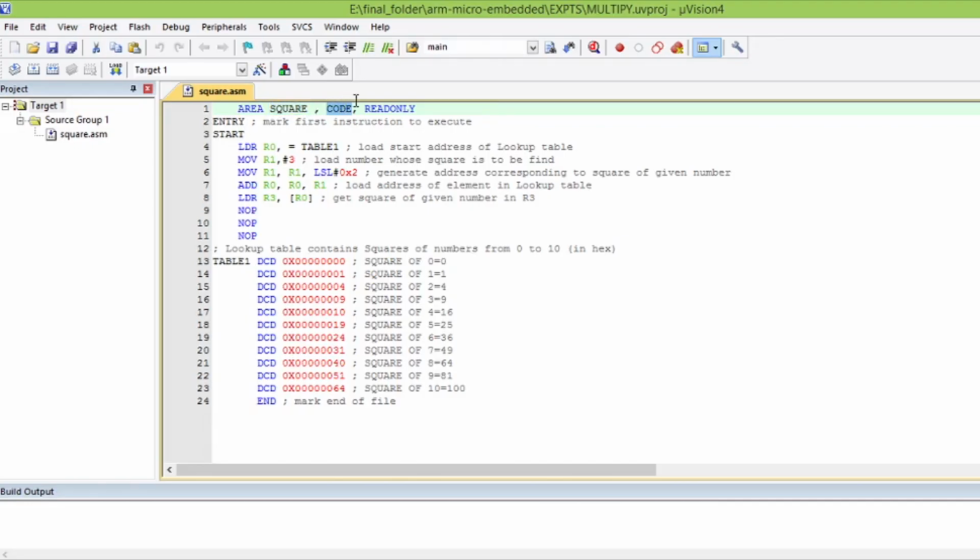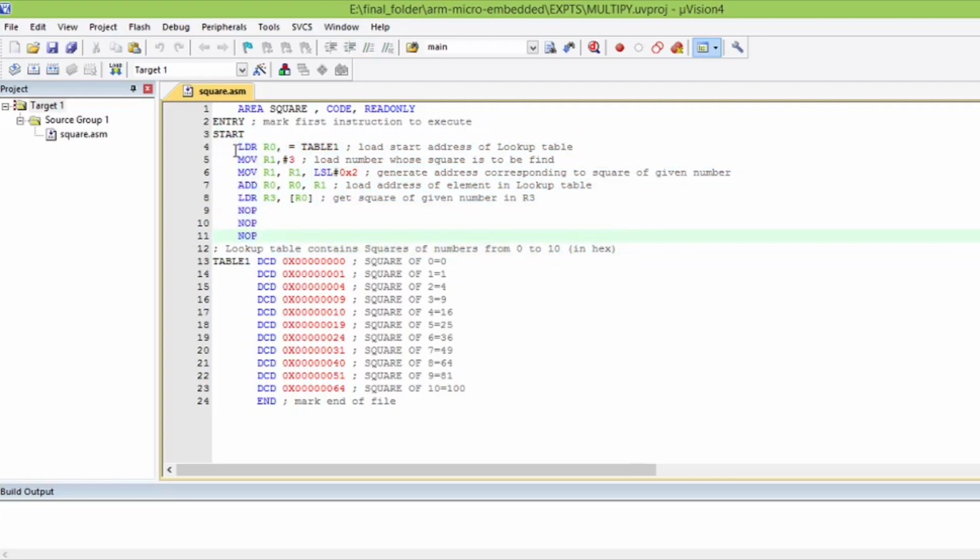CODE informs that this set of data are instructions. READONLY, because we don't want any modification to happen to this particular code during runtime. ENTRY indicates where exactly the code is starting. Then START is a label. This is our actual code.